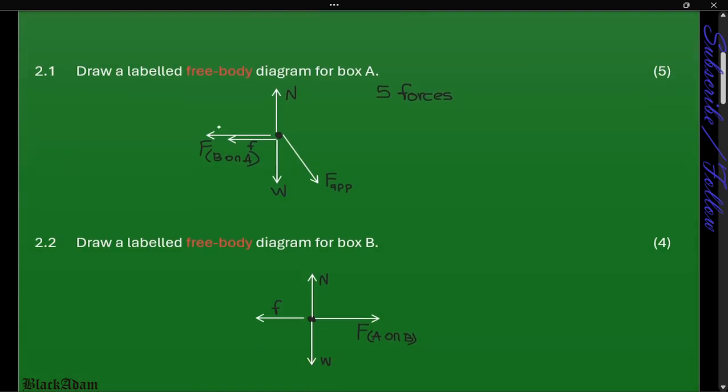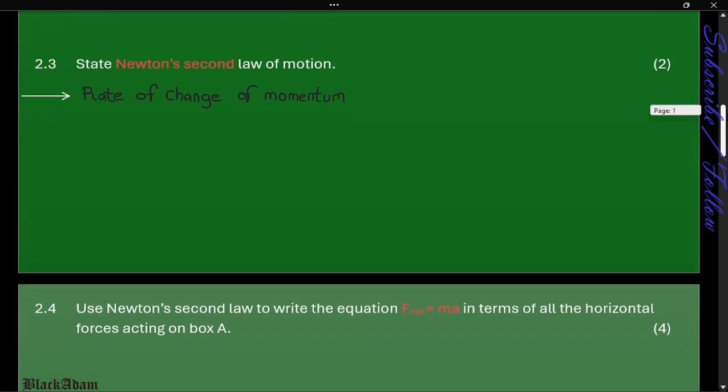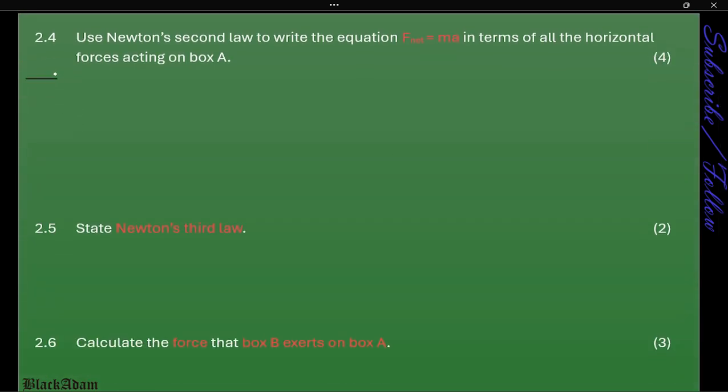Horizontal, all the forces horizontal, so we have 1, 2 and 3: force applied, friction on A and B, and the force applied. So that will mean that we have the sum of the forces on A that are horizontal.